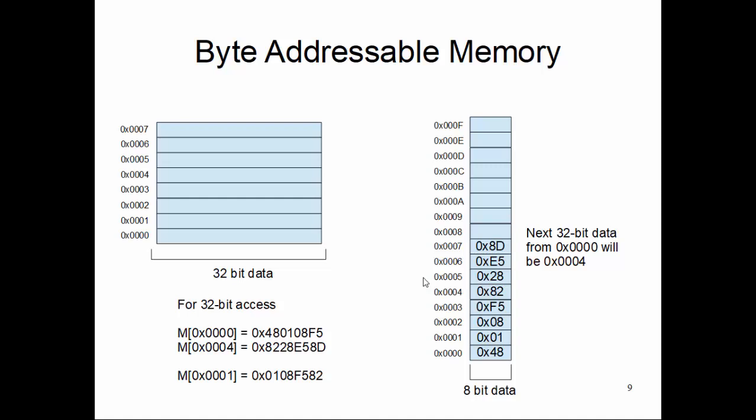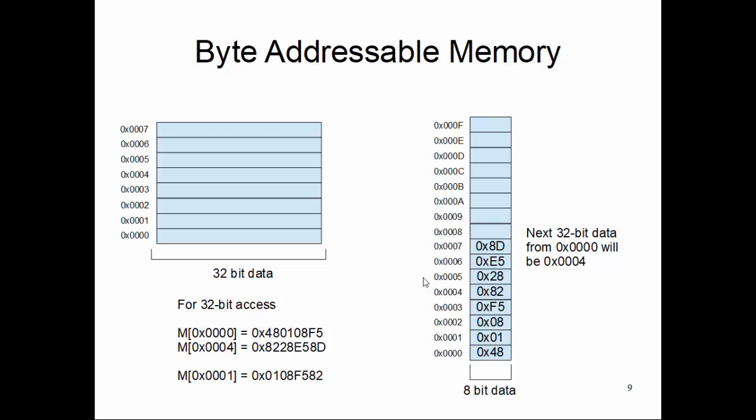We knowingly avoided it just to keep our life simple, keep our circuit simple, and the project doable in a classroom environment. But in real life, your memories are byte addressable.